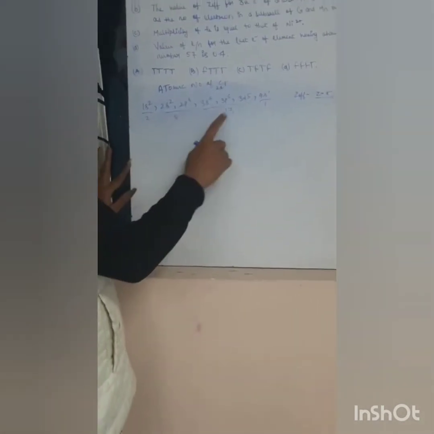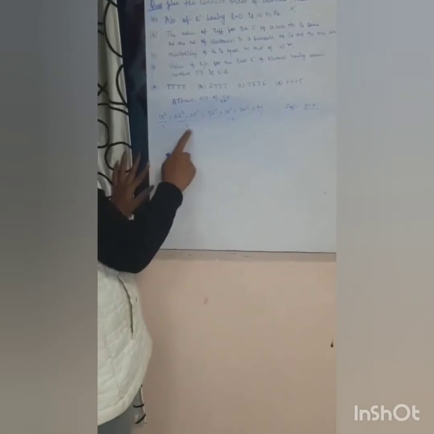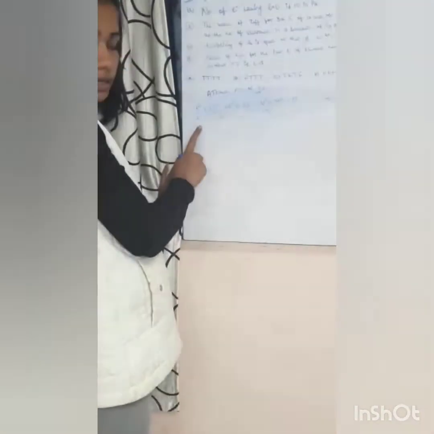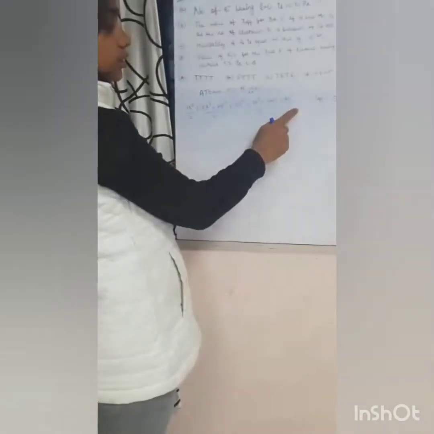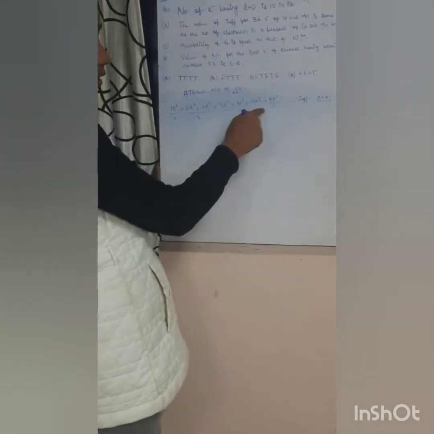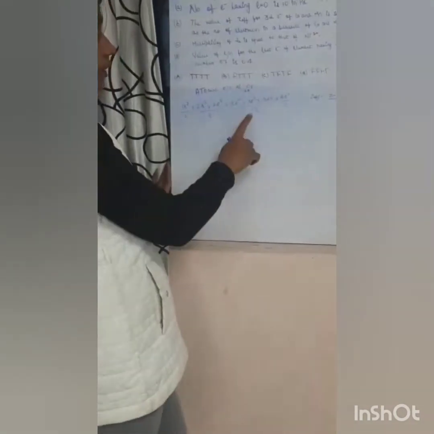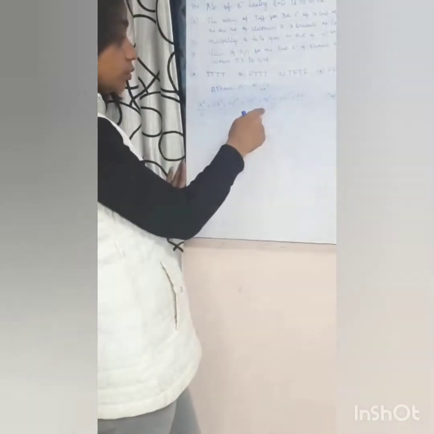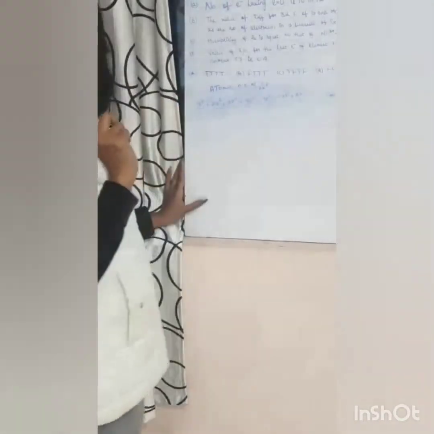Z effective is equal to Z minus sigma, where Z is the atomic number and sigma is the screening constant. The value of sigma is 1 for all the electrons before the shell to be calculated, 0 for all the electrons after the shell to be calculated, and 0.35 for all the other electrons in the shell being calculated.